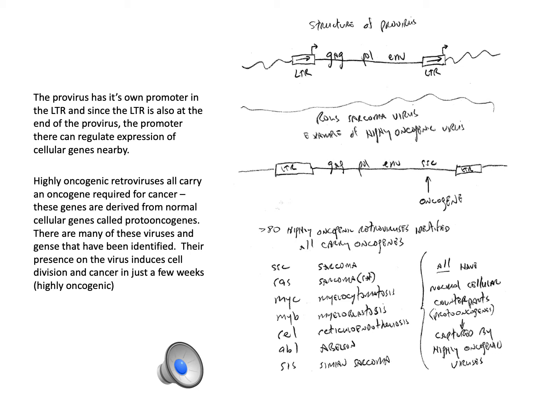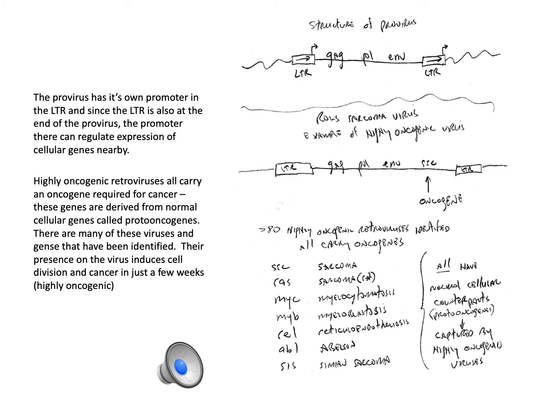As far as I'm aware, there's never been a highly oncogenic retrovirus identified in people, probably because if it infects an early embryo, it's probably lethal. So there have been no human highly oncogenic retroviruses identified, but they've all been identified in experimental animals. And each one carries a different oncogene.